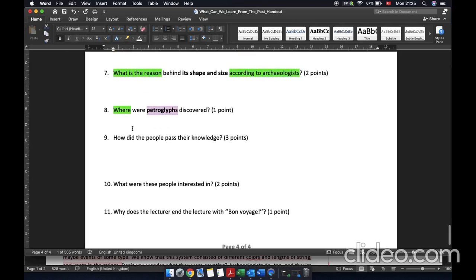And how did the people pass their knowledge? So we understand that people shared their information, but what way did they use to share their information? To share their knowledge.